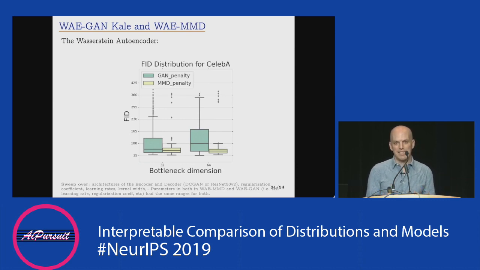On the x-axis, I have either 32 or 64. This is the dimension of my code word. And these box plots are over everything else that I might want to do to adjust my algorithm. So they've done a sweep over pretty much everything you can think of.